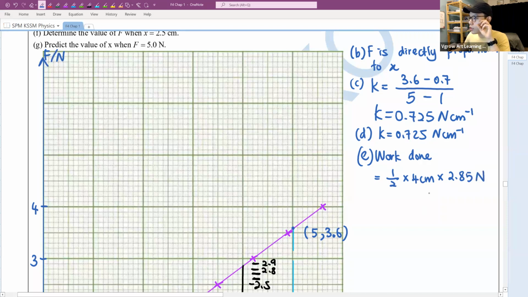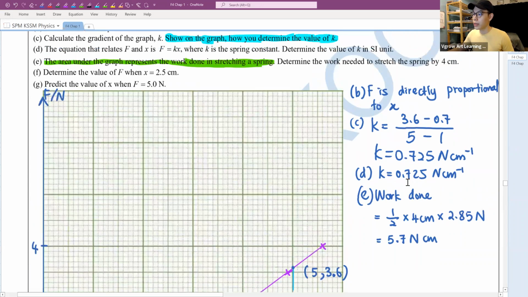The reason why I write the units, you can choose not to write the units first, is so that later you can see what the units will be for our final answer here. It'll be Newton times cm. Rarely do we write cm Newton. So this is the unit. Mine is 5.7. Yours would probably be 5.8. Just follow your graph.